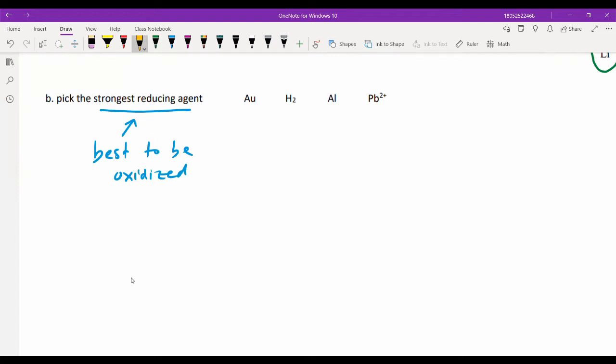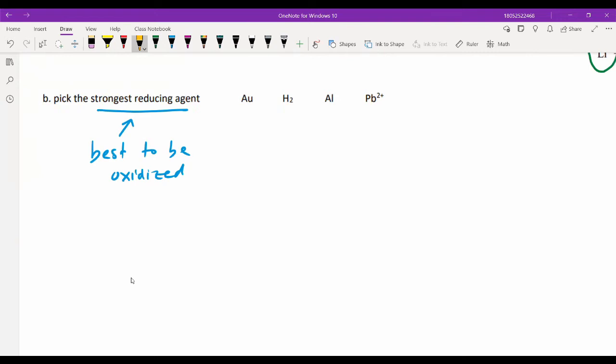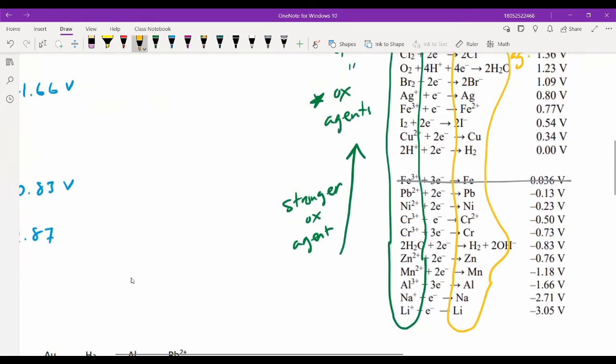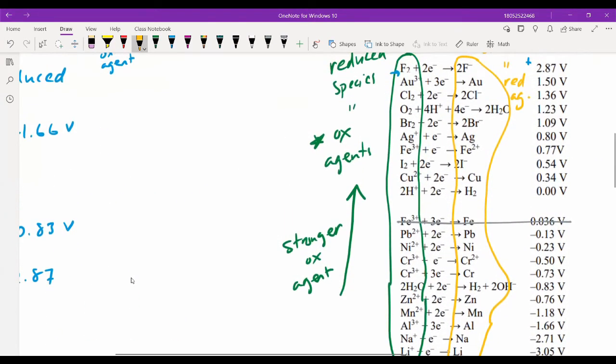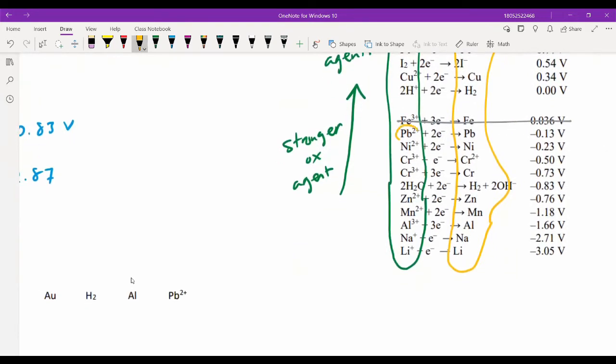One thing I would do too, especially with multiple choice questions, is to just eliminate answers. So if I look over here, Pb2+ is on this side, and Pb metal is there. So Pb2+ can't be a reducing agent. It's on the wrong side. So I'm going to cross that off, not reducing agent.